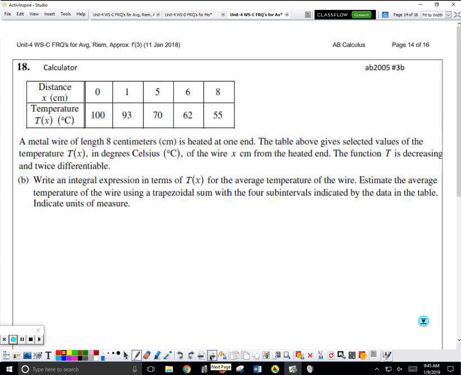If I were working this problem, I would have said the average temperature of the wire over the whole span is 1 over 8 minus 0.